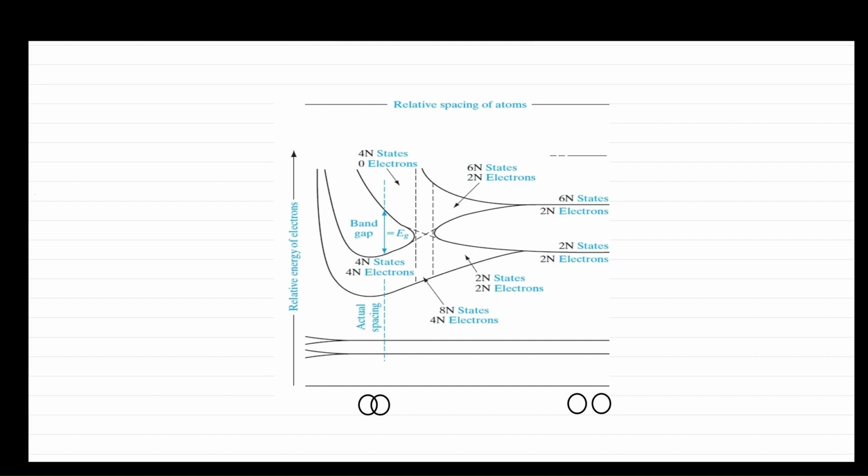As you see in the rightmost part of the graph, where all atoms are acting individually, we have 2n electrons filling the 2n possible s orbital states all at the same energy level, and the remaining 2n electrons are filling one third of the possible 6n p orbital states all at the same energy level.